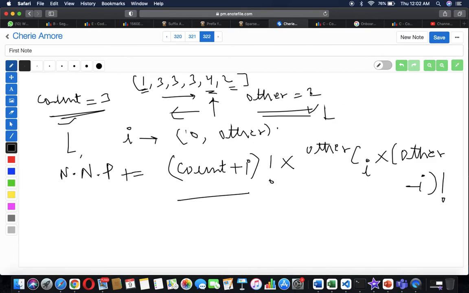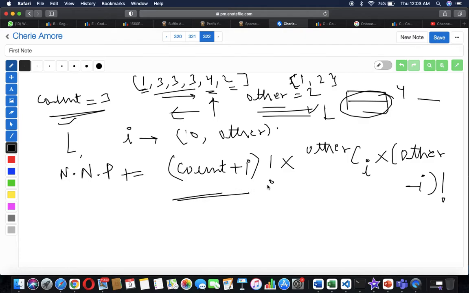So if the largest number is 4, which is present over here, these are the left numbers, these are the right numbers. So the left possible numbers can be, out of the other numbers, which are 1 comma 2 in this case, which are not largest or largest minus 1, iterating from 0 to the total number of other numbers, I can place I numbers on the left, which will make it count plus I, these 3 plus I total factorial numbers, which will deal with a combination of numbers on the left, into the number that I selected out of the others.